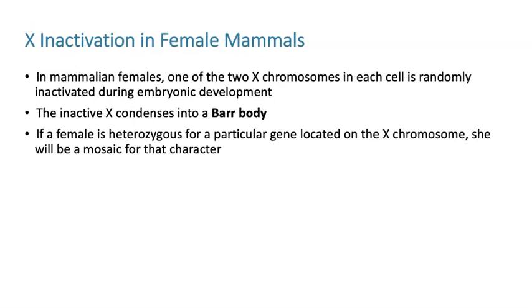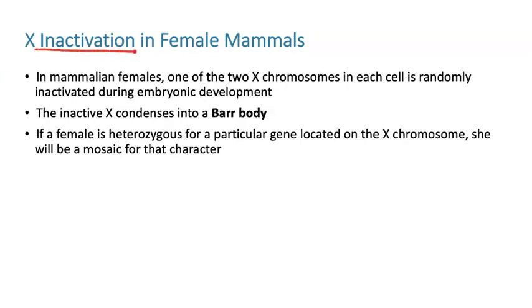Now, when we deal with X chromosomes, there's something else interesting that happens in mammals with the X chromosome. And that is that females have 2 X chromosomes in each cell. I know this sounds strange, but one of those X chromosomes is inactivated.